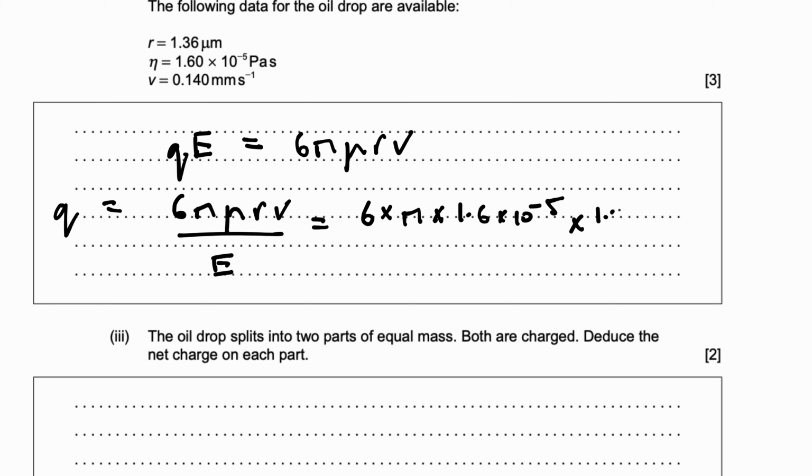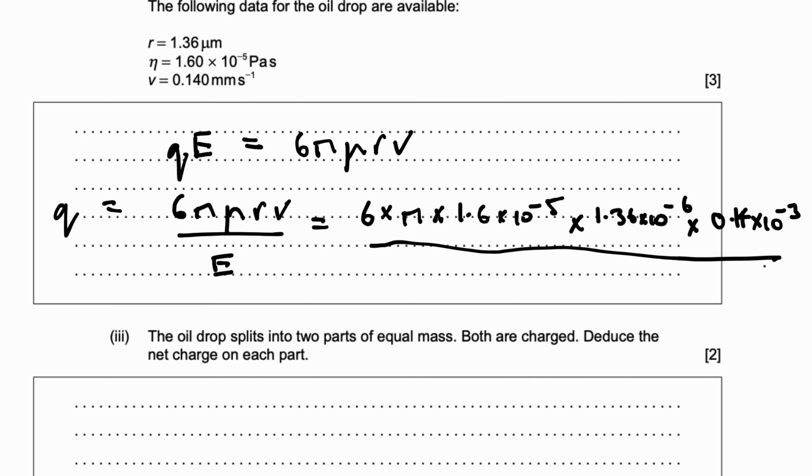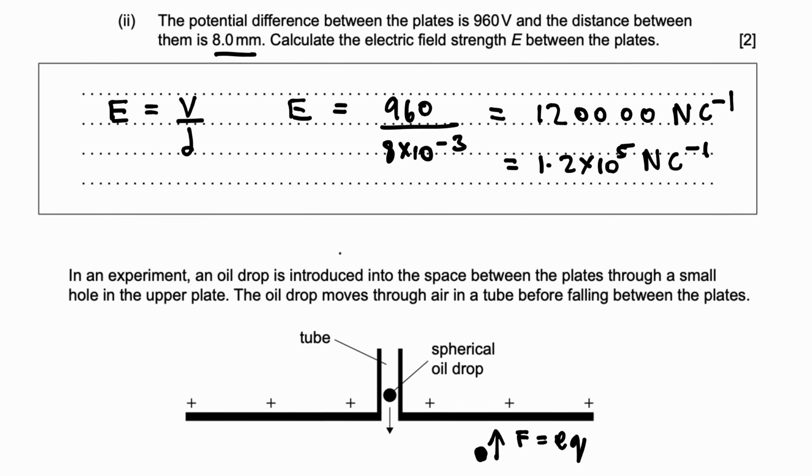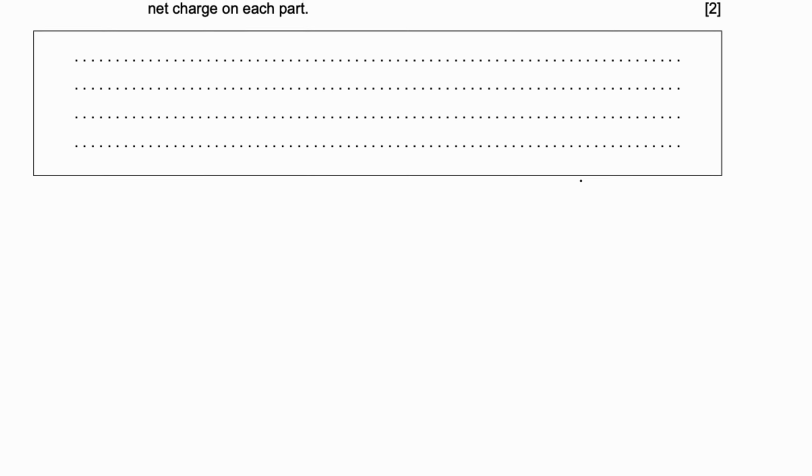So 1.36 times 10 to the power of negative 6, times the final velocity, which is given as 0.14 millimeter per second. So I can write it as 0.14 times 10 to the power of negative 3, and this whole thing over the electric field which I calculated right at the beginning, which was equal to 1.2 times 10 to the power of negative 5.